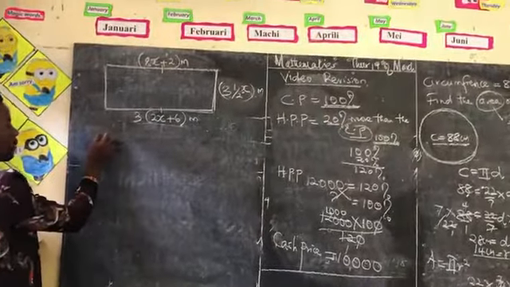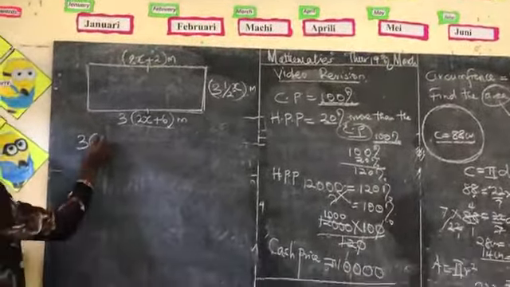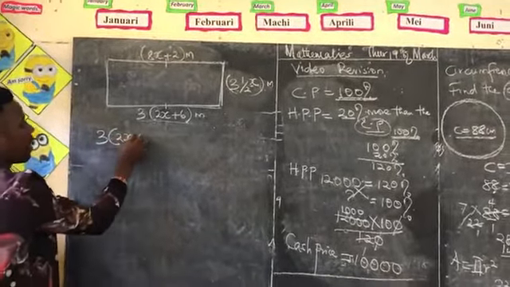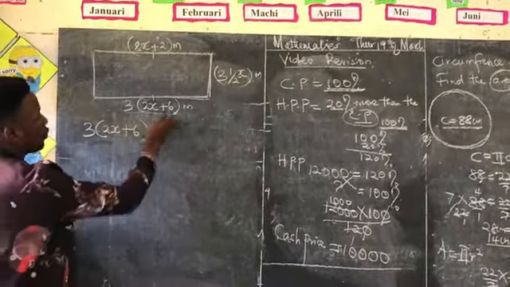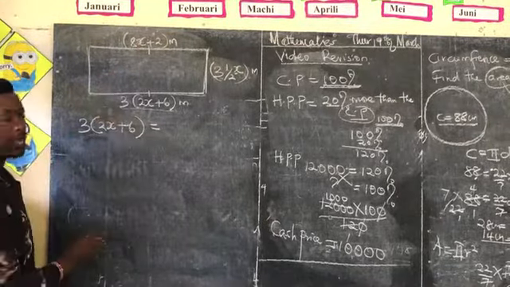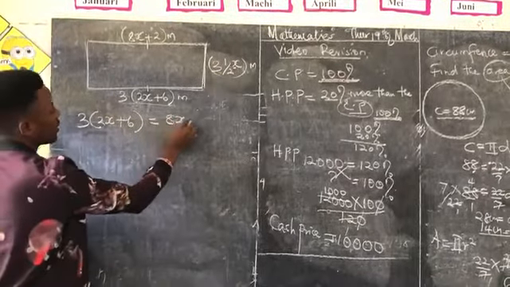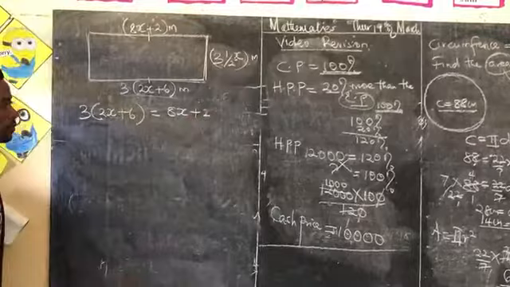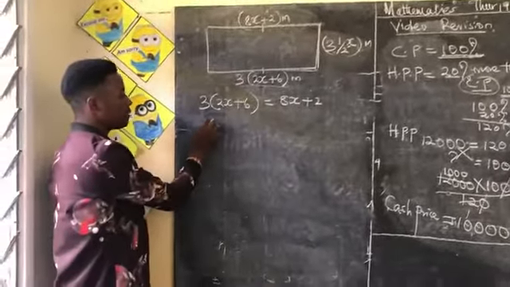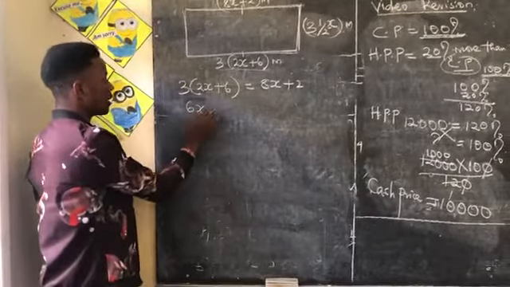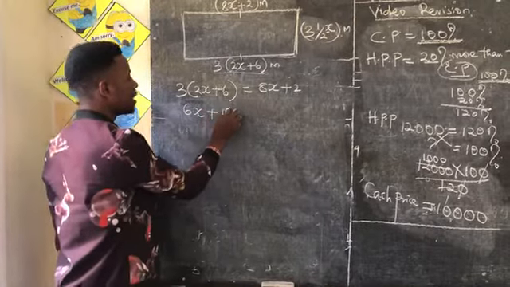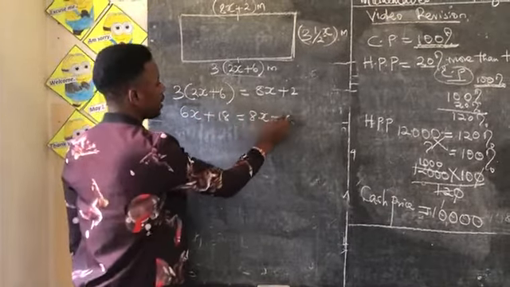So I would form an equation and say 3 into bracket 2x plus 6 is equal to 8x plus 2. When you open the brackets here, this will be 6x plus 18 is equal to 8x plus 2.